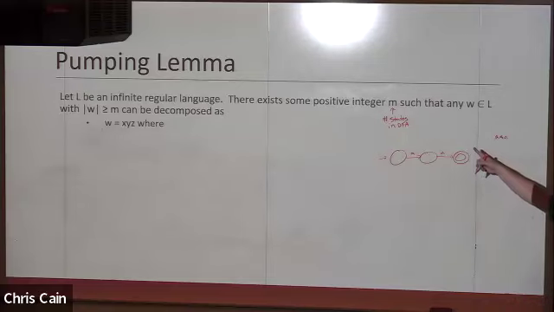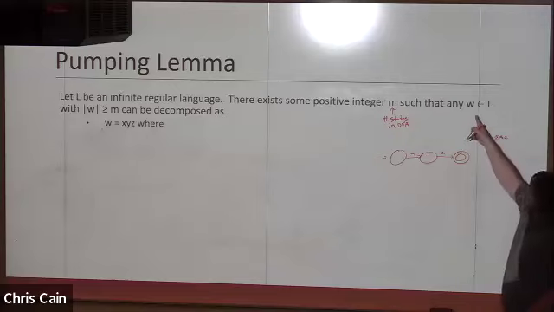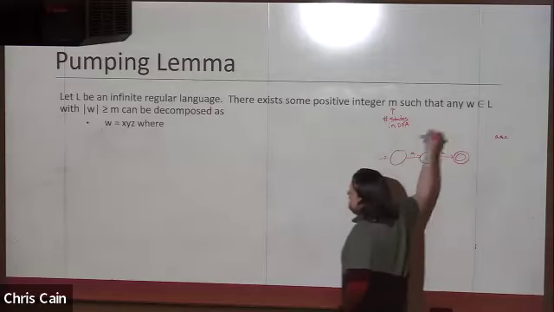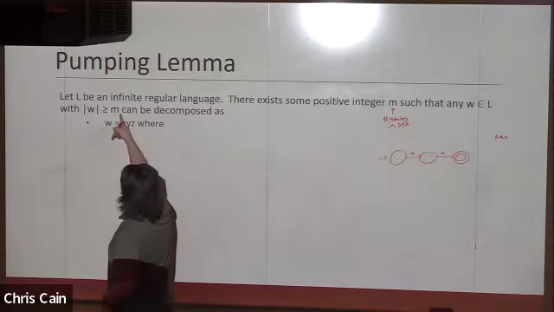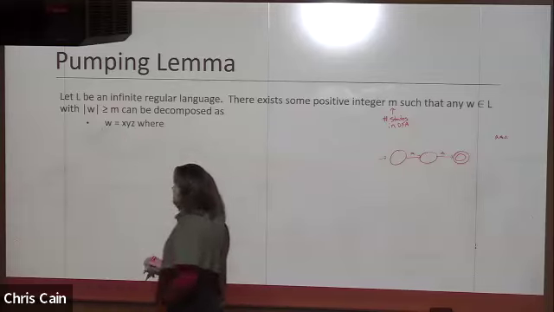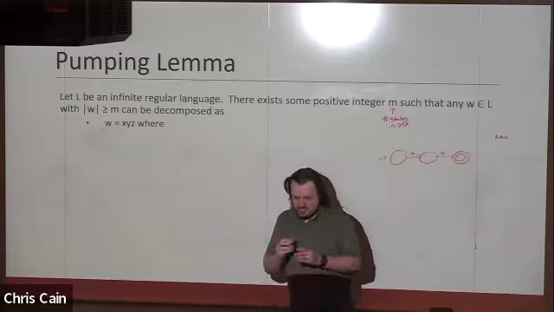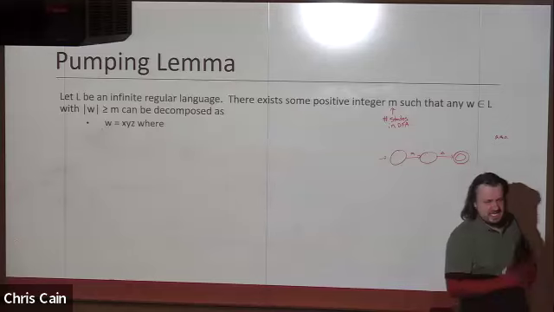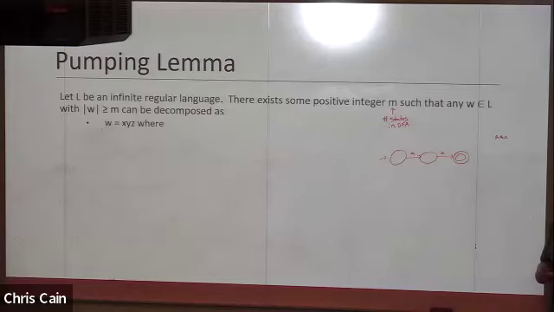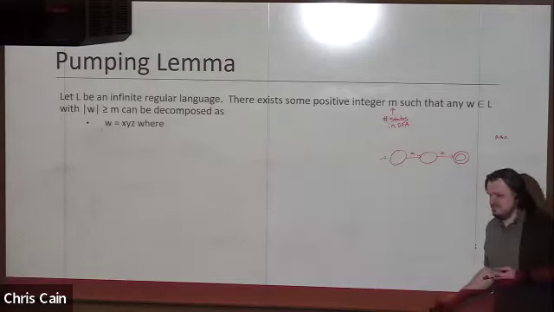Never instantiate M. It will not help you. We're always doing this vaguely, abstractly. W is our string. The length of our string, greater than or equal to the number of states, breaks down into those 3 components. X, again, was getting to the cycle. Y is iterating the cycle. And Z is getting from the end of that cycle to the final state.